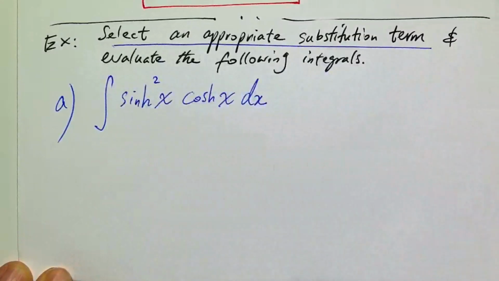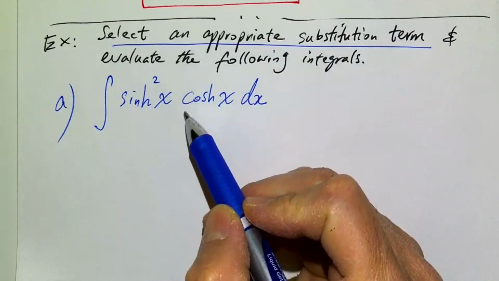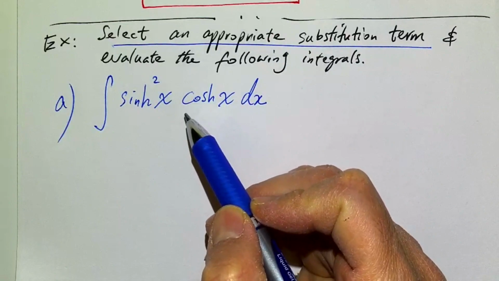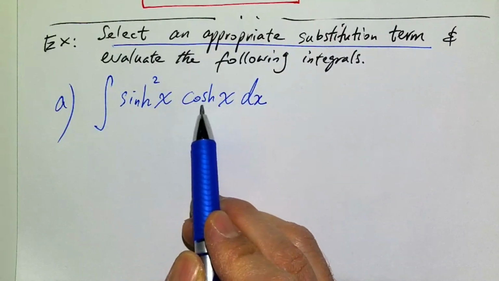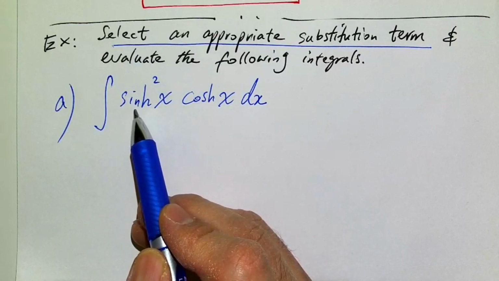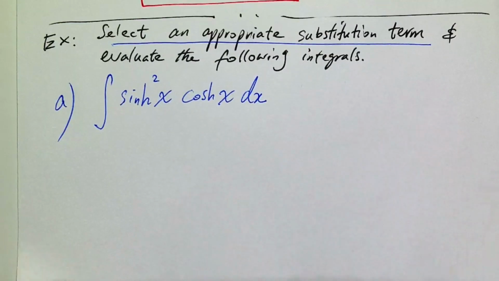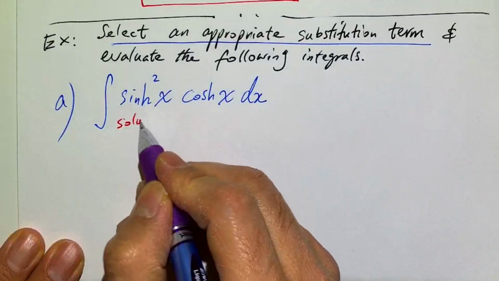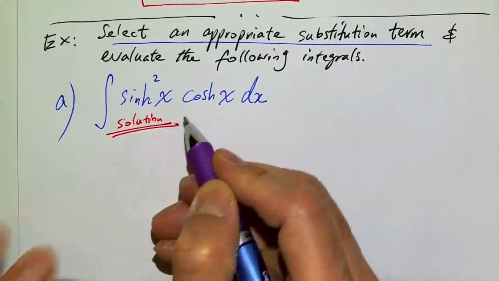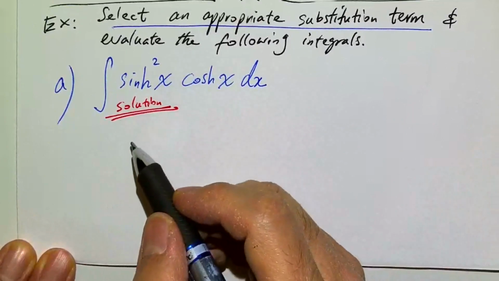Select an appropriate substitution term. It should be easy because we know that hyperbolic cosine is the derivative of the hyperbolic sine, right? So that's an easy pick for us. So let's do that. And please pause the video before you see this solution.